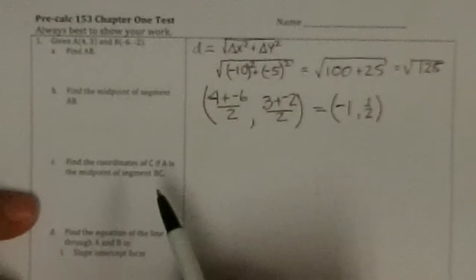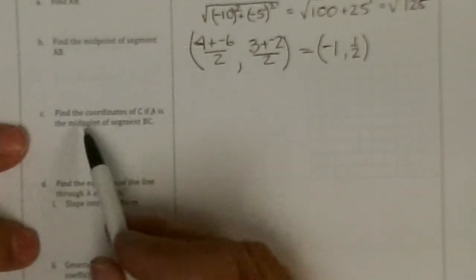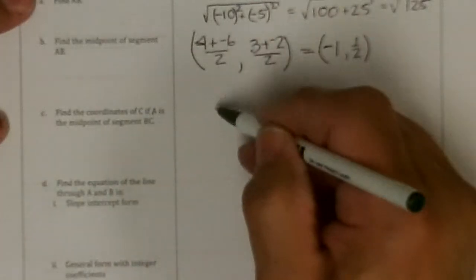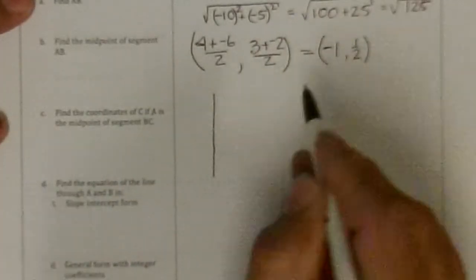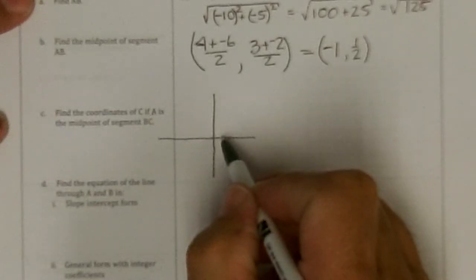Now on this one, C, find the coordinates of C if A is the midpoint. So let's do a quick sketch. This is not going to be a real accurate graph, but A is at 4, 3.